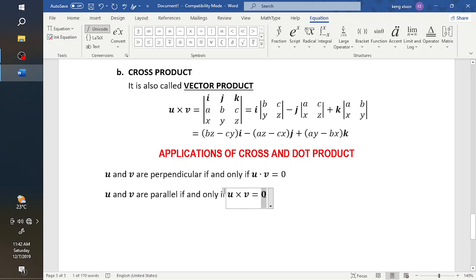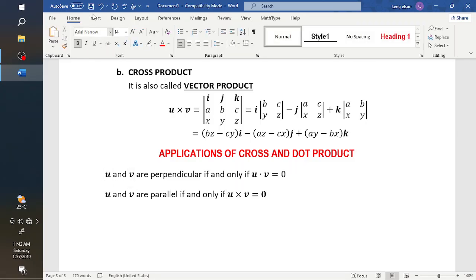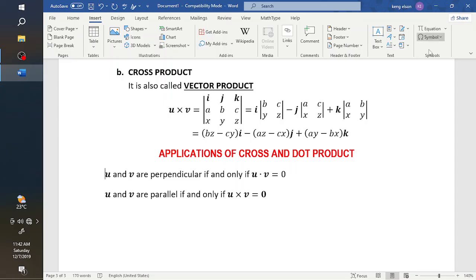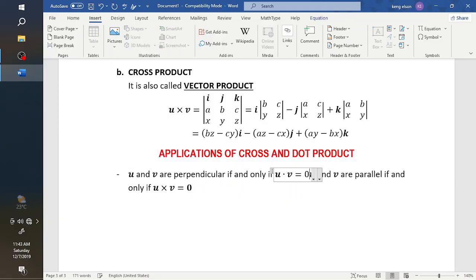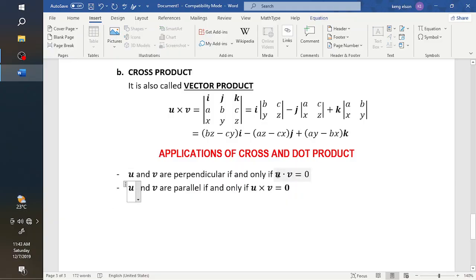This 0 means the 0 vector, which means that you have ijk components depending on U and V. Is it okay? So this is very, very important. The condition for two vectors to be parallel and the condition for two vectors to be perpendicular. For two vectors to be perpendicular, their dot product is 0, and for two vectors to be parallel, their cross product is 0. Very, very important.